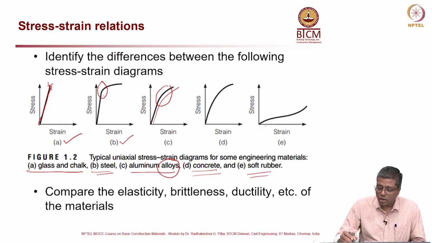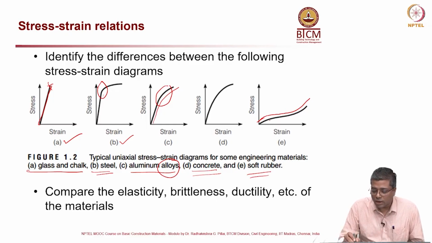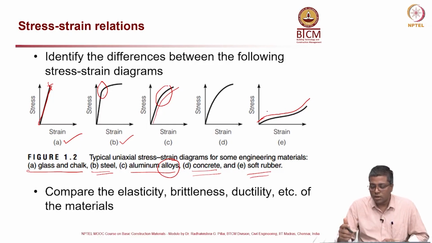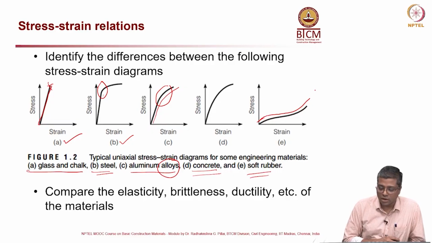When you pull rubber, you can see that initially there is a change in the curvature also. You see here, and then the curve comes down like this, and then again goes up like this. Okay. So, that is indicating initially the rubber will take some load, and then it tries to straighten all the molecules or chains in that, and then after some time you start seeing the strain hardening behavior in the rubber.